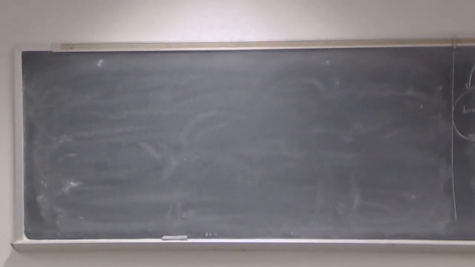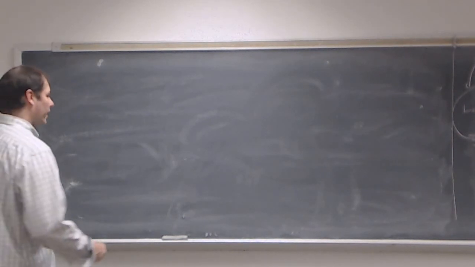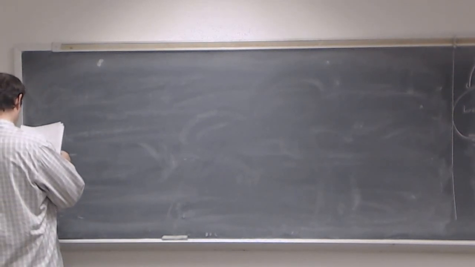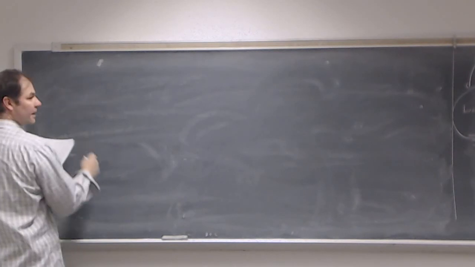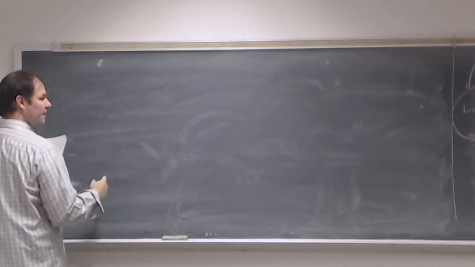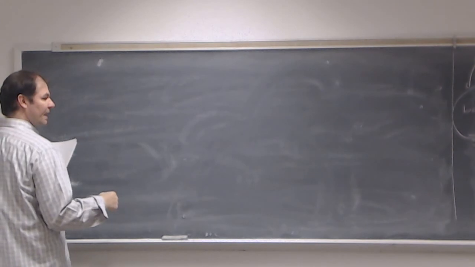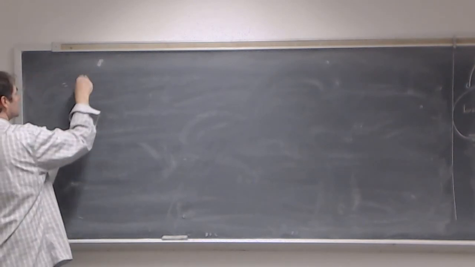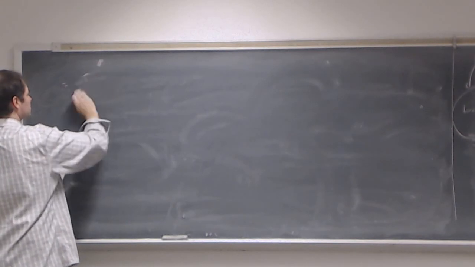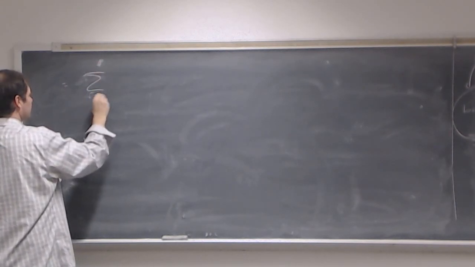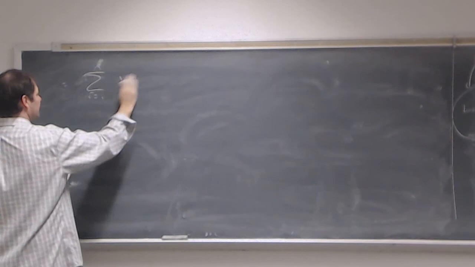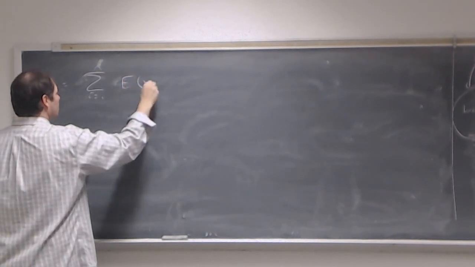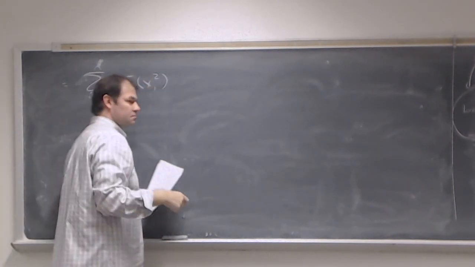All right, so now all of those expected values of x_i squared, since they're identically distributed, that's going to be equal to the sum, as i runs from 1 to n, of the expected value of x of 1 squared.